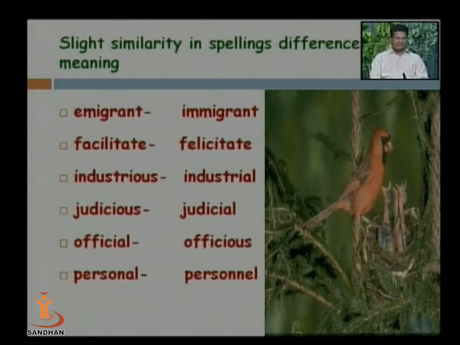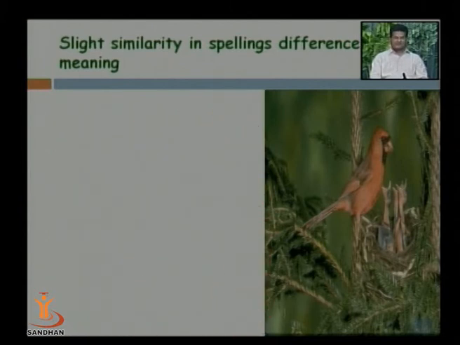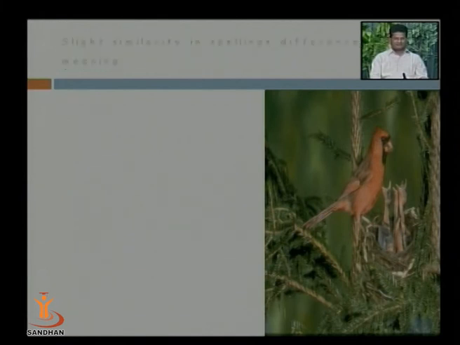Now, even pronunciation differs at certain level in some pairs, but there are different spellings and similarity in spelling. Similarity, again I say, it's not that all the letters are similar. Certain similarity exists there, but difference at meaning level. Now we'll see a few pairs of them.